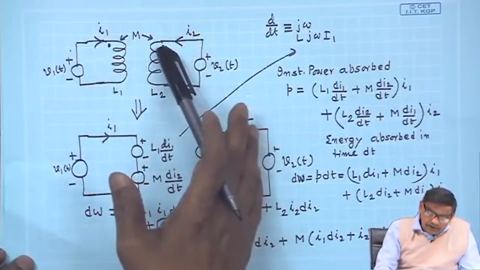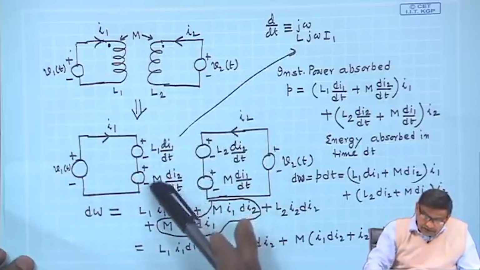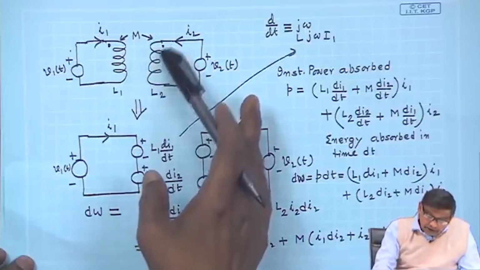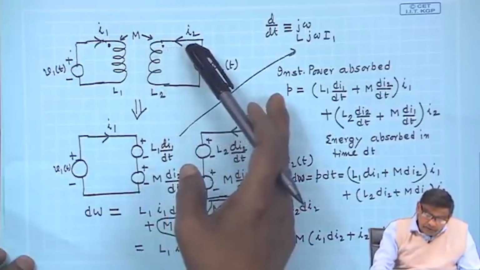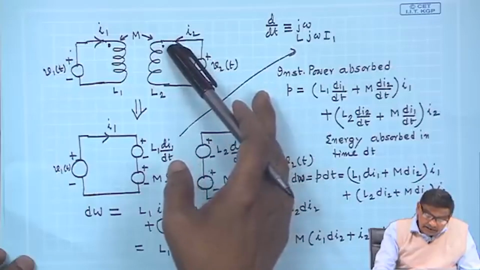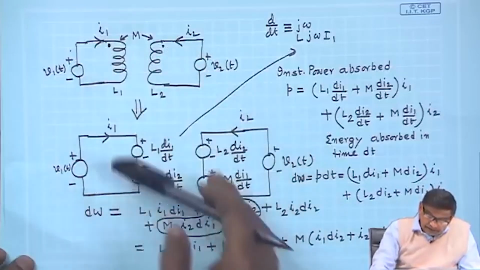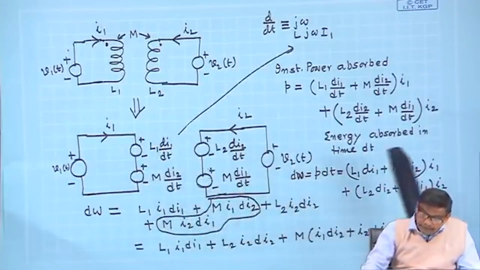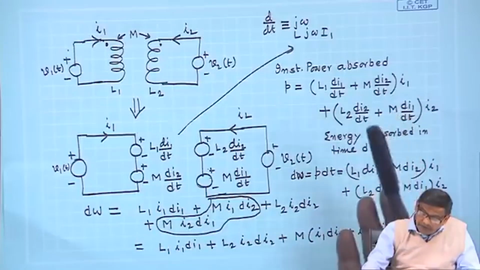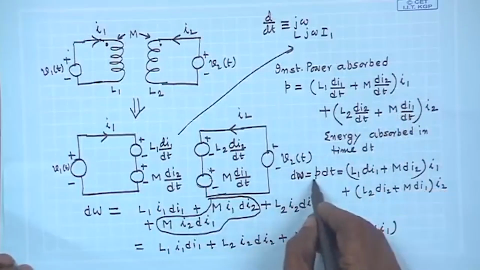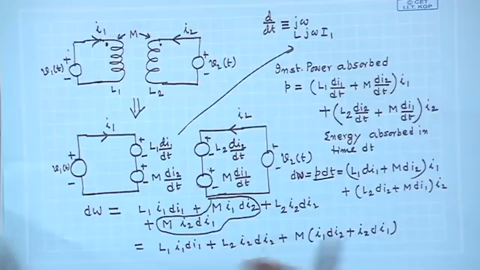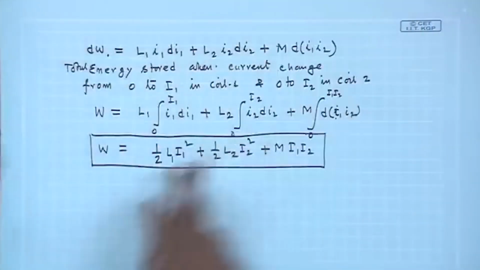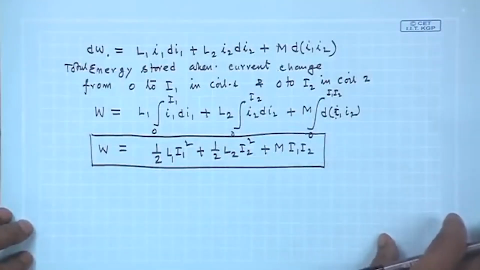If I2 is going like this, m dI2 dt will definitely be there, another source of EMF, but the polarity of that voltage will be through the dot where I2 is entering. Here also that dot will become plus, that is the upper side will become plus. Like that I drew this, and then from instantaneous power you get elemental energy, integrate it appropriately to get the final energy stored expression. Thank you.